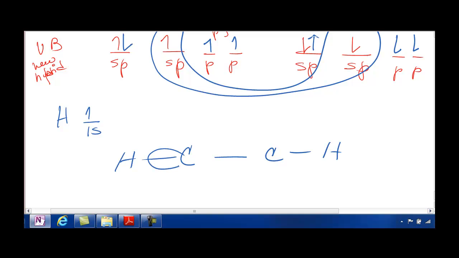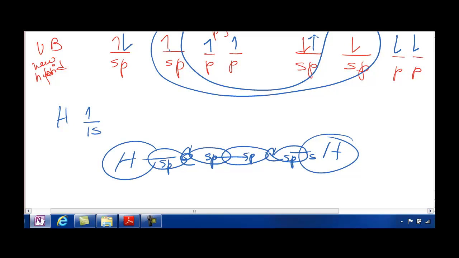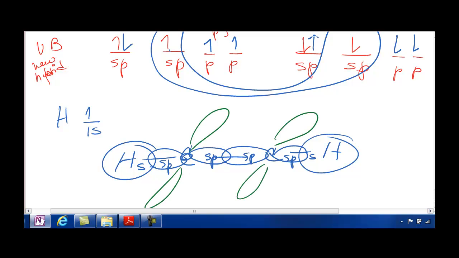And that is an sp, and that is an sp, and that is an sp, and that is an sp. So that's an sp of this carbon 2, and this is an sp of this carbon 2. That one and that one: that is an s of hydrogen and an sp of this carbon. But each one of these carbons has an atomic p and another atomic p.